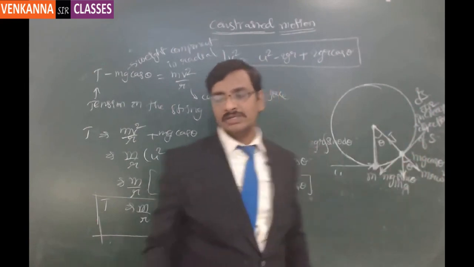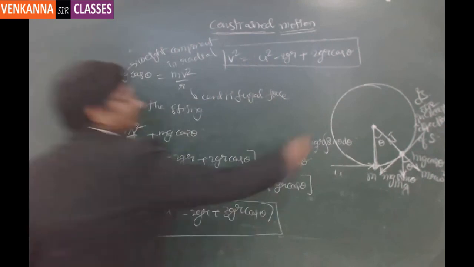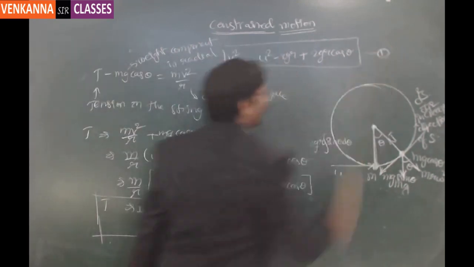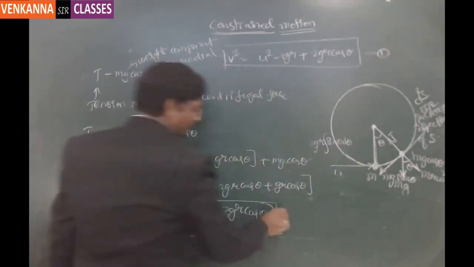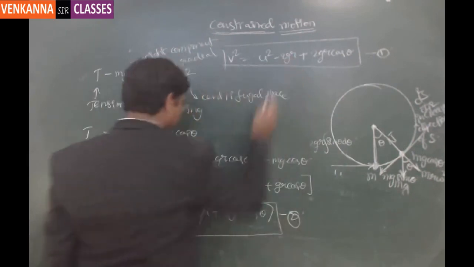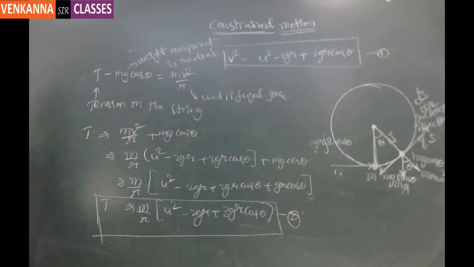All such kind of analysis we can do with the help of this equation, which is equation number 1, and this equation, which is equation number 2. So this is the velocity relation and this is the tension relation. Got it? Understood? Or do you have any questions on this? Any questions on this?